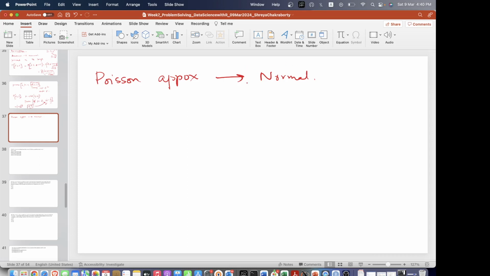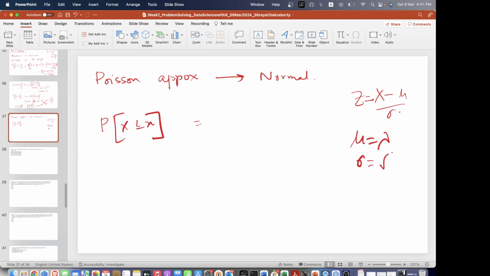So here also, if we have something like probability x less than or equal to x, we have to write it with the transformed variable z, which is (x minus mu) by sigma. For Poisson, mu is lambda, variance is also lambda, so sigma is root lambda in this case.